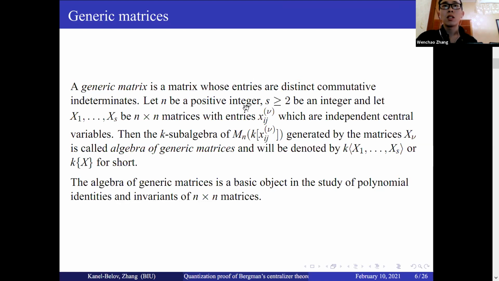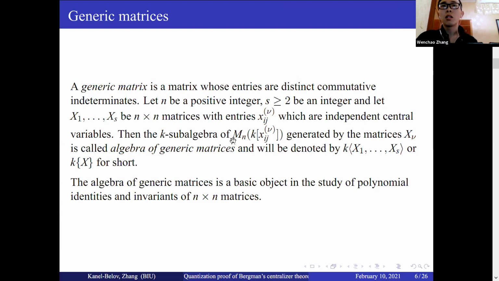Let n be a positive integer, so it's an n by n matrix, and suppose we have at least two generic matrices X1 to Xs whose entries are independent central variables.